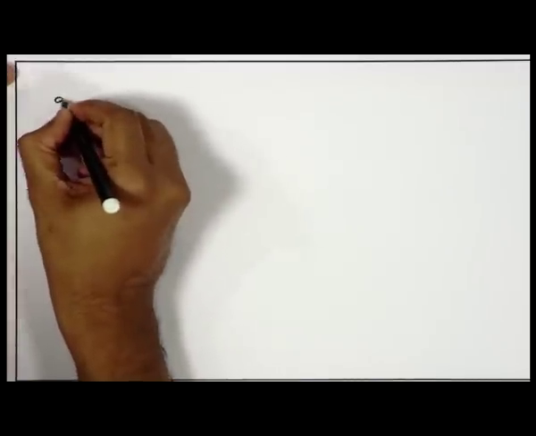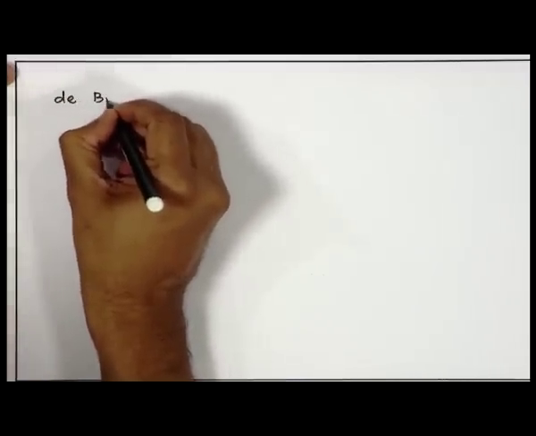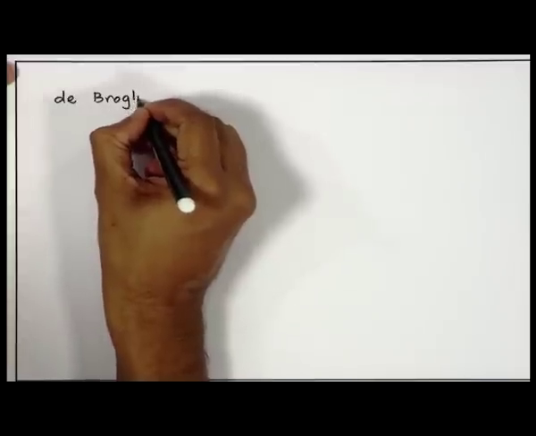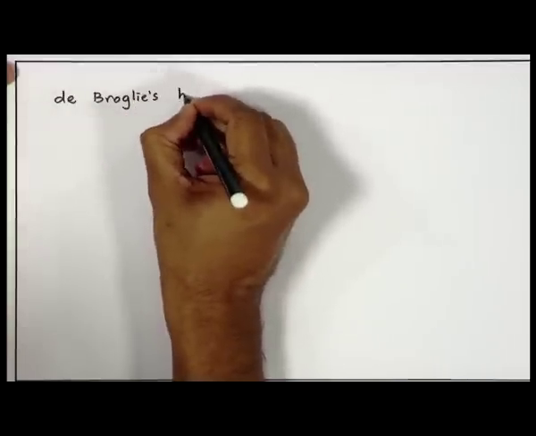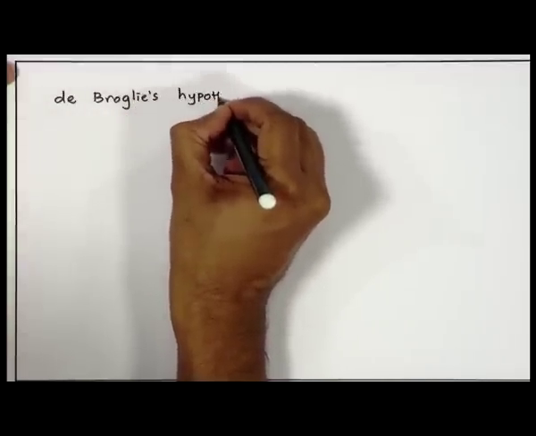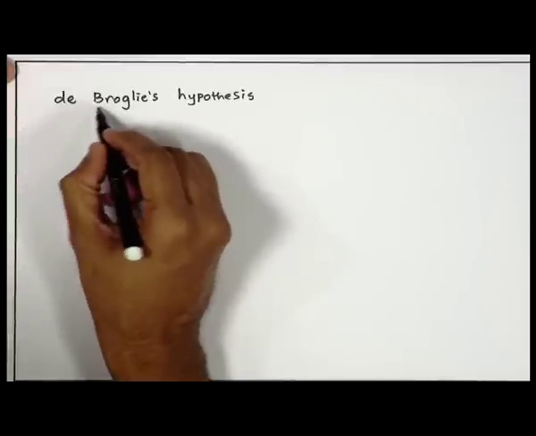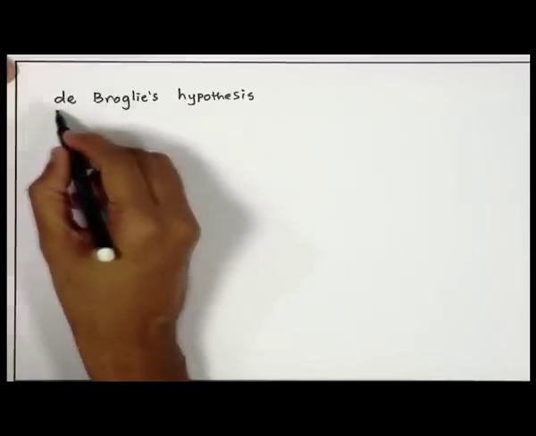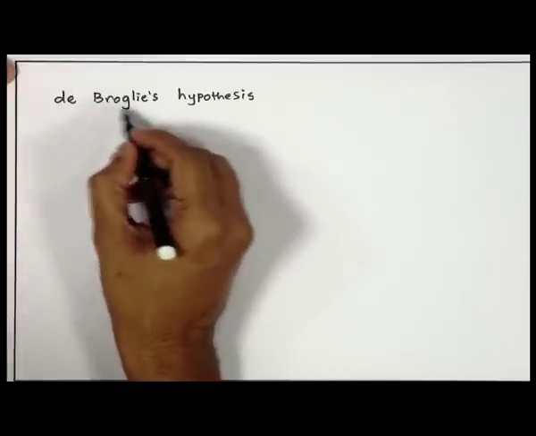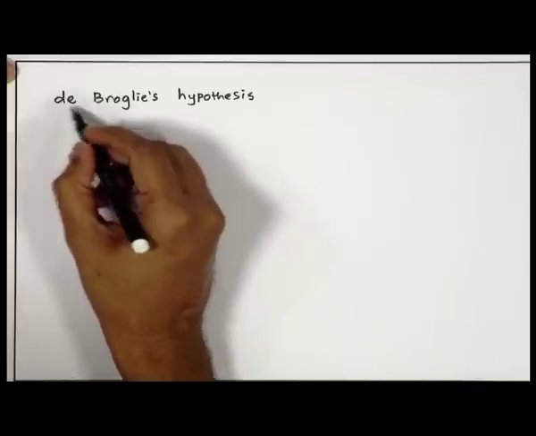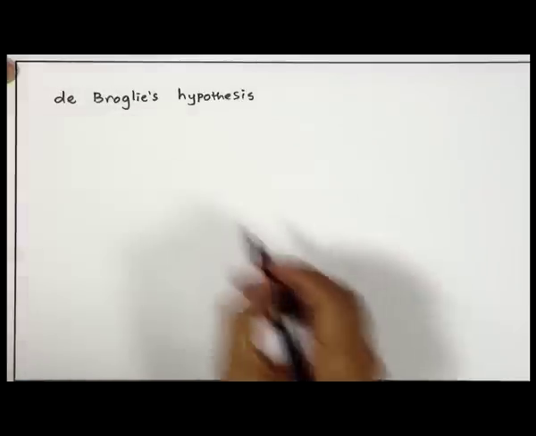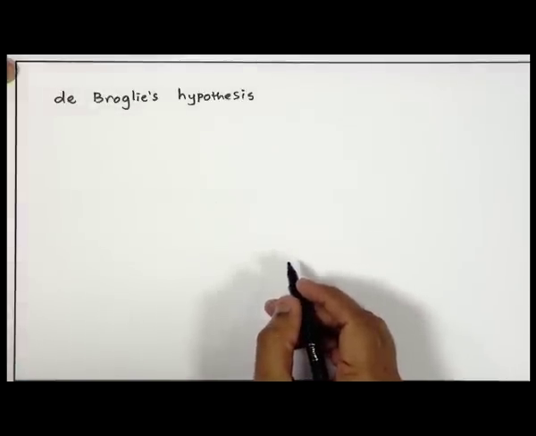The first one that we discuss is what is known as de Broglie's hypothesis. It is written as Broglie, but he is a French scientist whose name is pronounced as de Broglie, and this d is written in lower case.